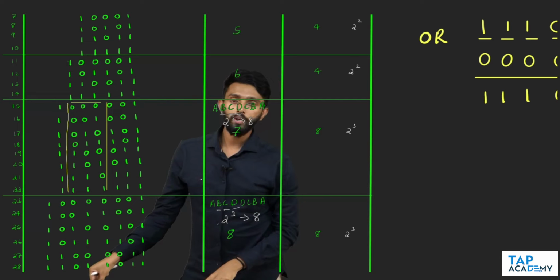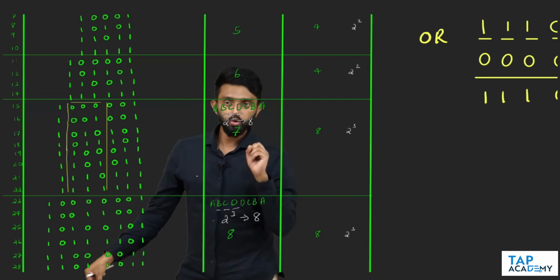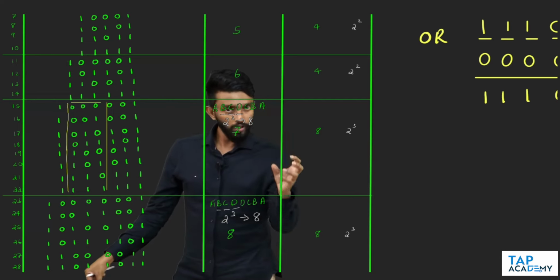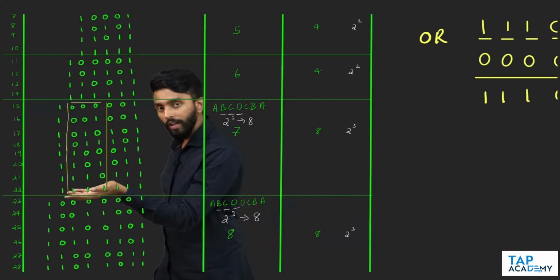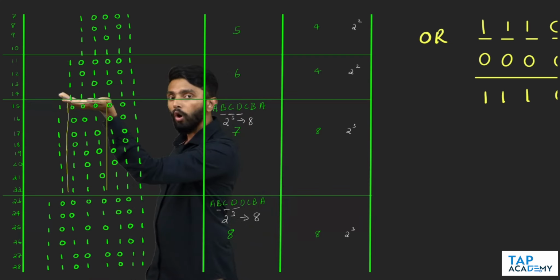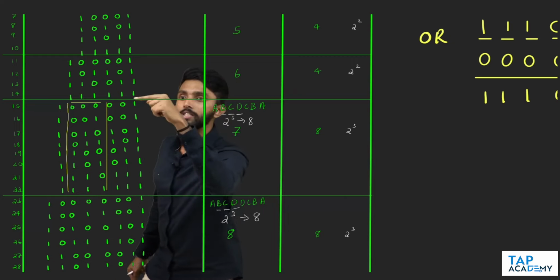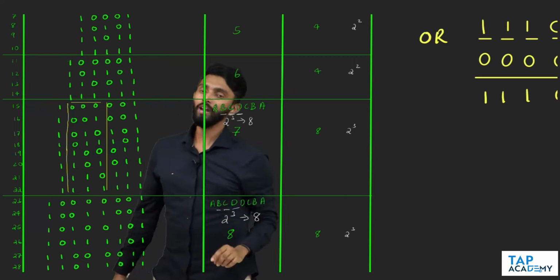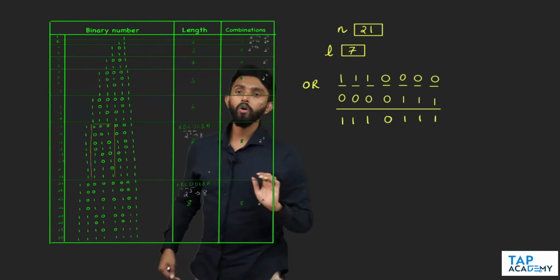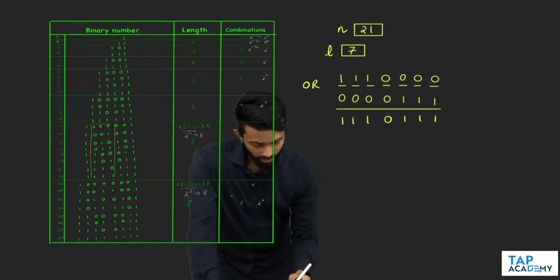So, first, I need to find the length. After finding the length, I need to find the total number of combinations which occurred till the previous length. So, if length is 7, till 6, what was the previous one, which is 14? I need to find this out. How are we going to do that is the question, isn't it?